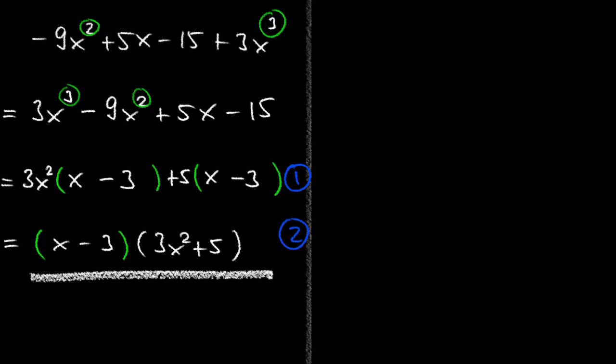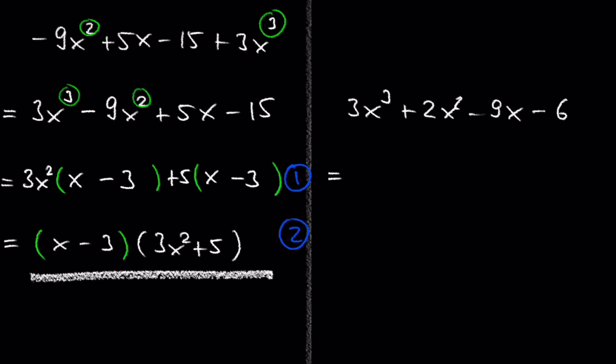Let's take another example. 3x cubed plus 2x squared minus 9x minus 6. This cubic polynomial is in standard form, so terms are already in descending order.